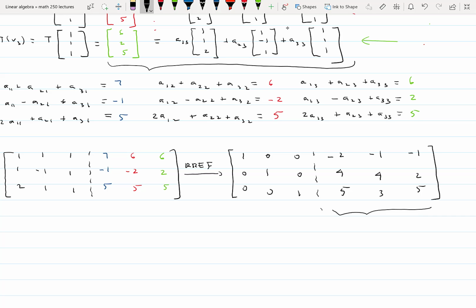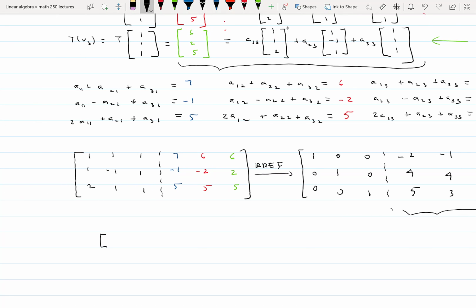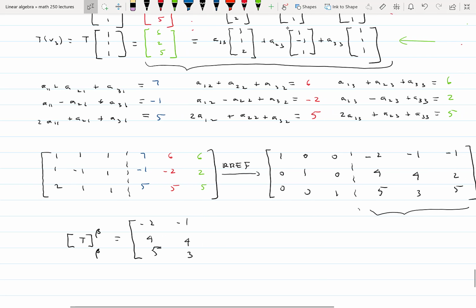Okay. So that 3 by 3 matrix that appears in the right hand portion of this RREF, that is our goal. That is the matrix of T with respect to the basis beta, and we just pick off that matrix: -2, 4, 5, -1, 4, and 3, and -1, 2, and 5.